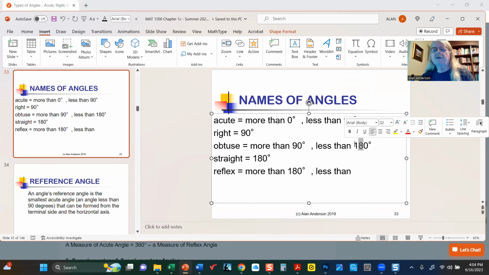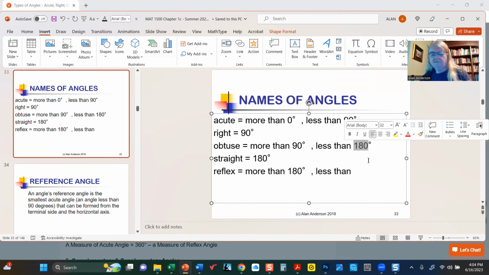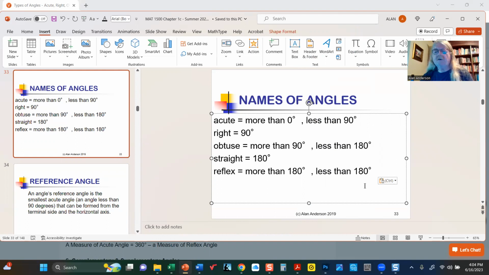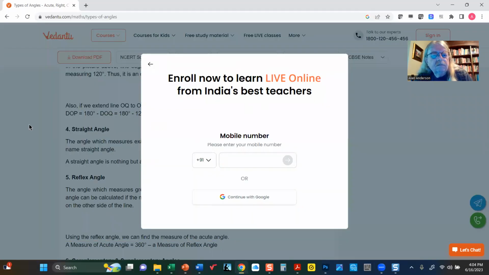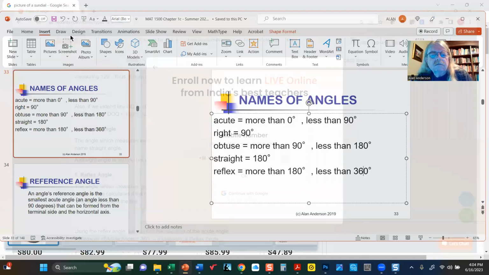And then less than 360. Just in case these show up. Like I said already, we saw the word acute, and we will need to remember some of these. Of course, right angle, nobody's forgotten that one. All right, that'll do.